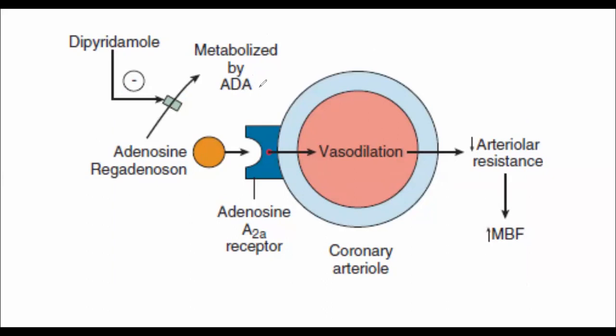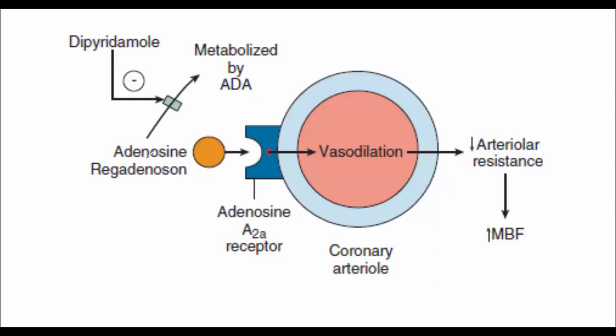This enzyme is involved in the breakdown of adenosine, which is naturally produced by the coronary endothelial cells for dilation of the vessels. So as dipyridamole inhibits this ADA, adenosine is going to accumulate, and as the amount of adenosine increases, it is going to dilate the coronaries.